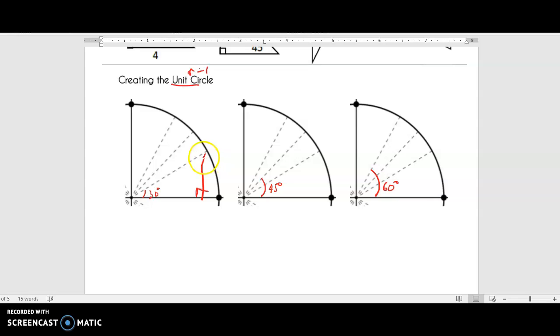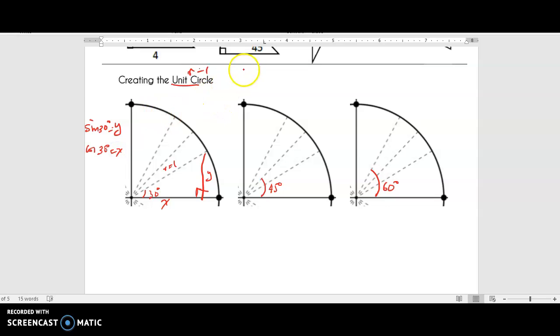So if you take this as x and this as y, and this as the radius, which is 1, then sine of 30, or sine of any angle for that matter, is y over 1, opposite over hypotenuse. So sine 30 is y. And cosine of 30 is x over 1, which is x.